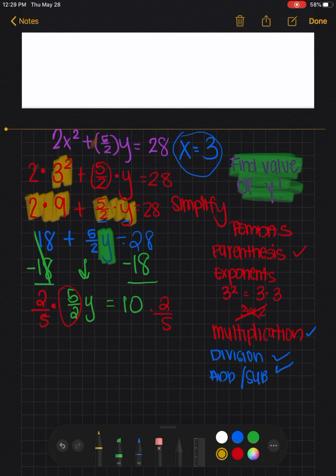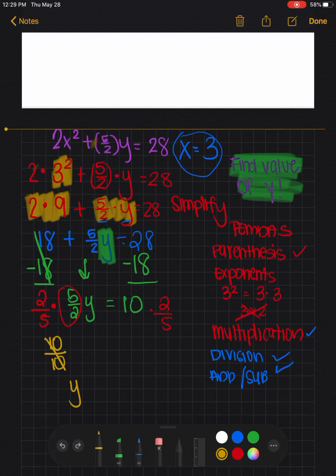Then we multiply 2 times 5, which gives us 10, over 5 times 2, which gives us 10, which cancels and simplifies to 1. Bring my y down, it's 1y, but we know that 1 is invisible, so we really don't need it.